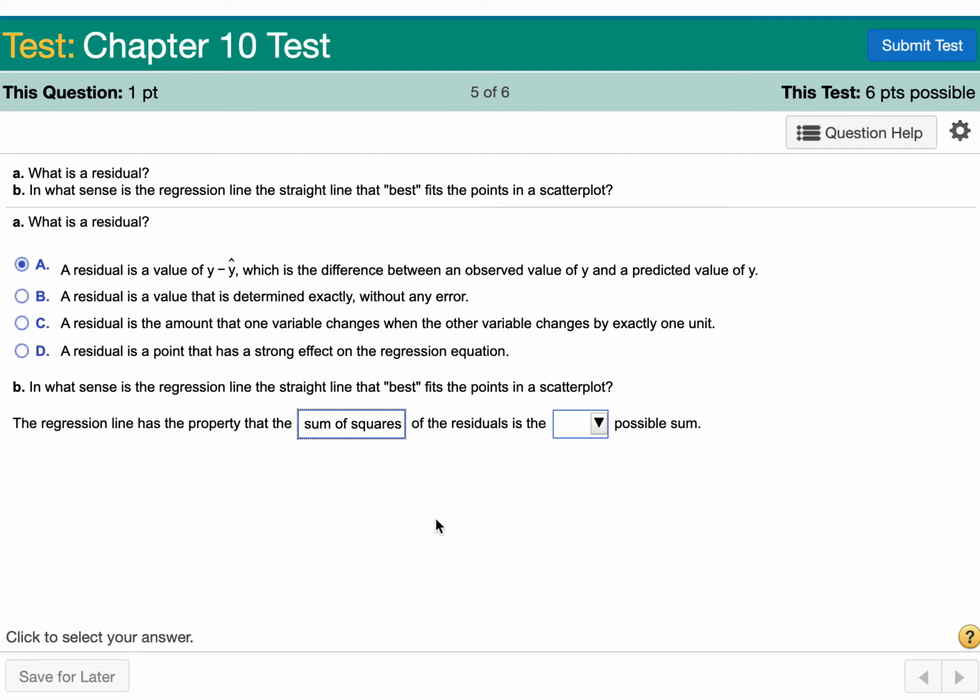So if you added them up, they'd cancel each other out and you get 0. So that wouldn't help. So you square them so that you can really figure out the total amount of all the errors there are. And then you want the errors in your prediction to be as small as possible. So you want to have the sum of the squares of the residuals, which represents the errors in your predictions, to be as low as possible.